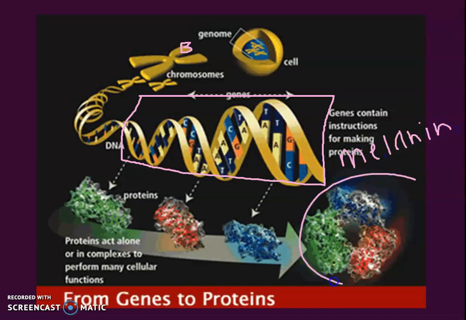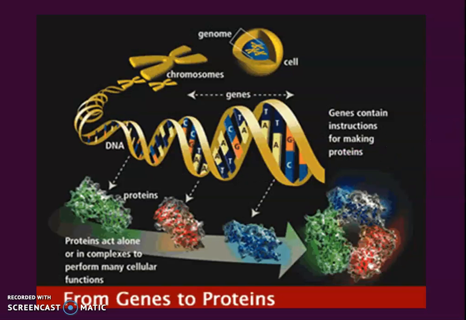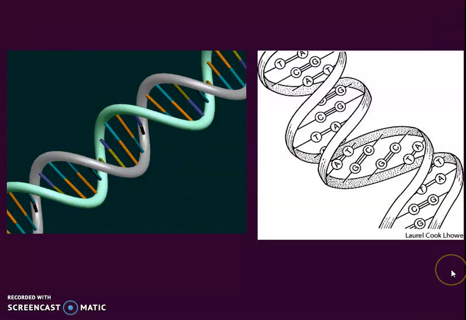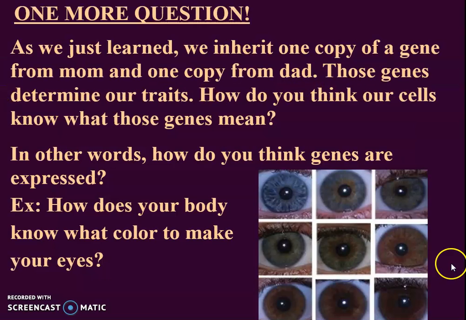So we're going to give this protein a name. For eye color, it's melanin. So people that receive 2 copies, big B, are going to have a lot of melanin deposited in their eye. We see that as brown. Now let me flip ahead again.